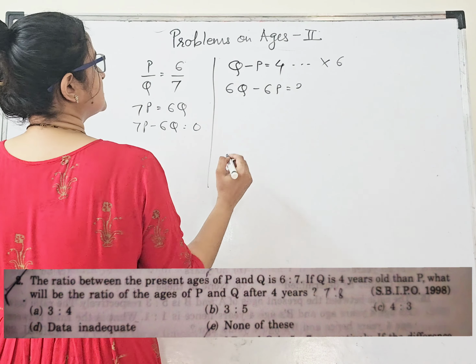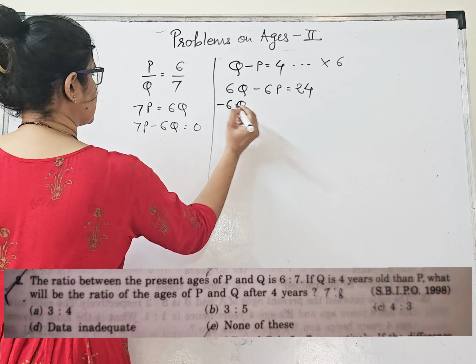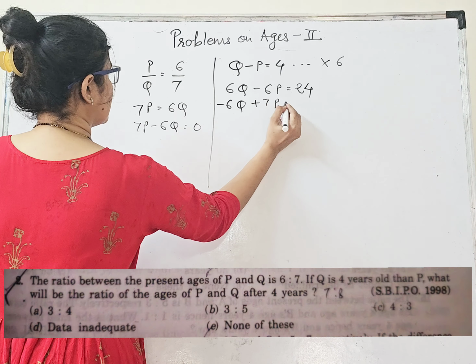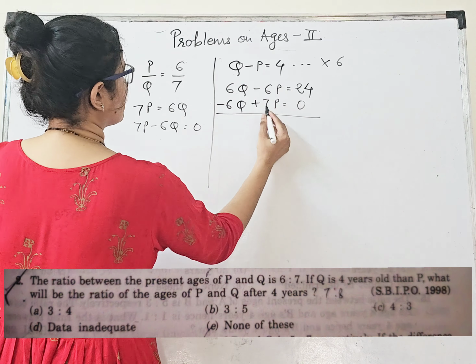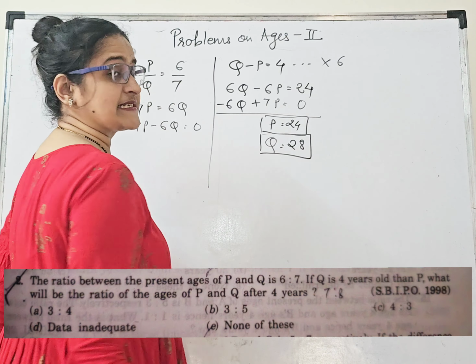Now copy this equation here: minus 6Q plus 7P equals 0. The total of these two gives P equals 24. If P is 24, what is Q? Q is elder, so Q is going to be 28. These are their present ages.